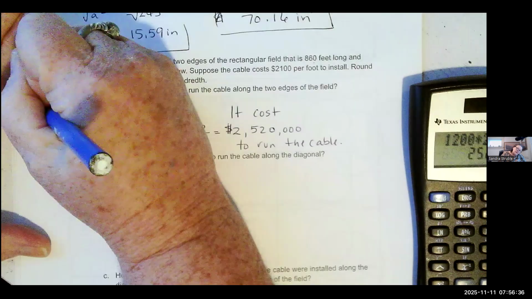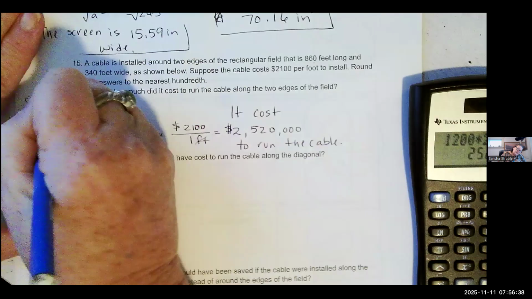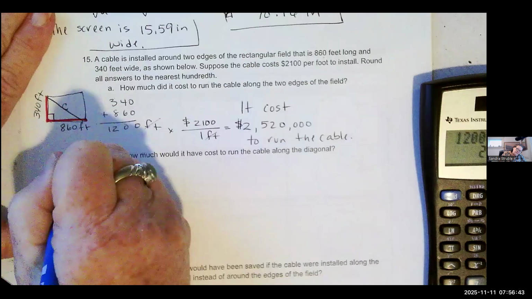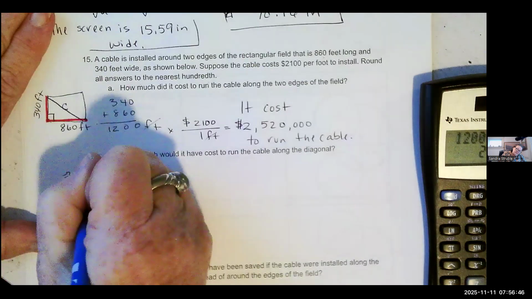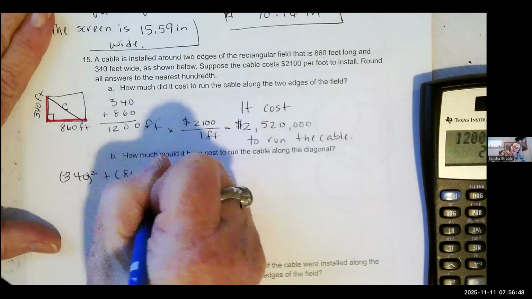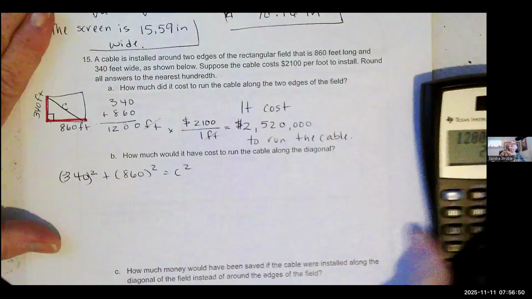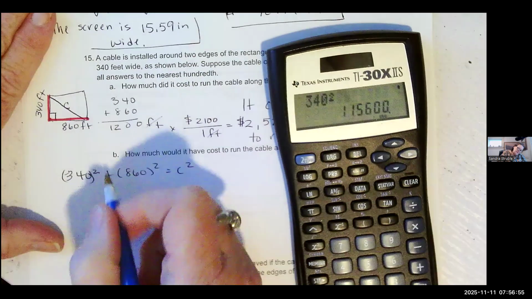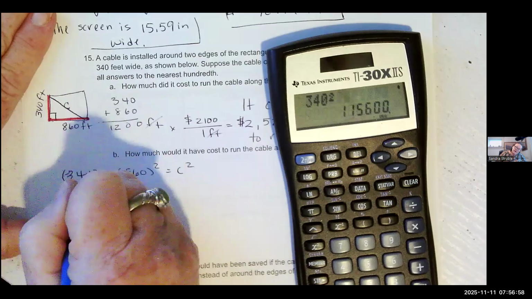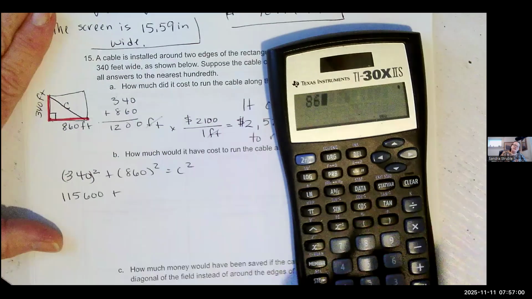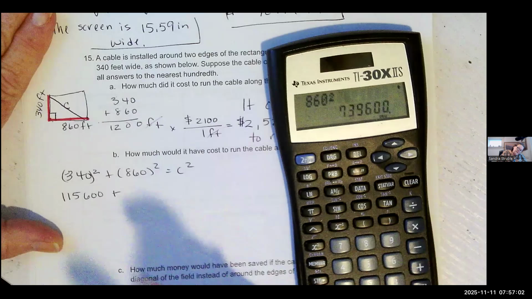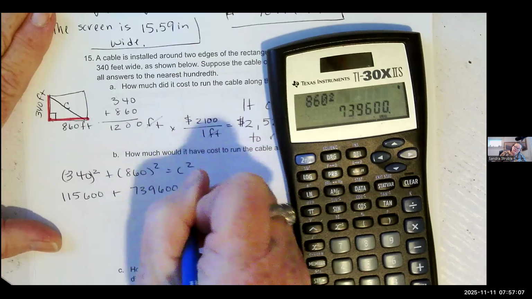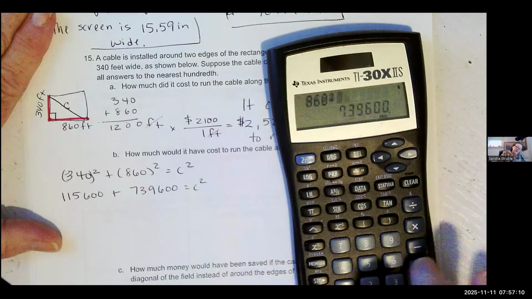Now this is a right angle here, so I'm looking for C. 340 squared is 115,600. 860 squared is 739,600. You need to add those. 855,200.